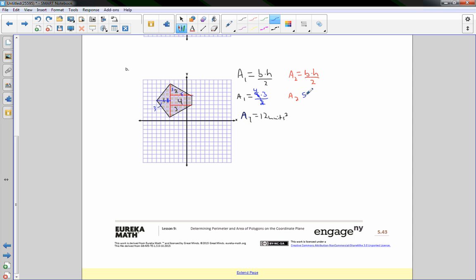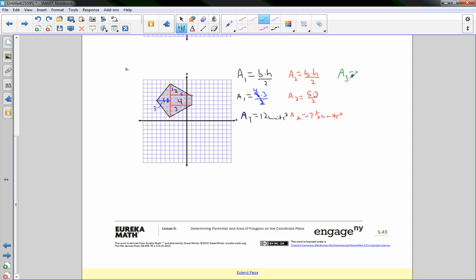So the base is 5 times the height, which is 3, divided by 2. I should have used red. So area 2 equals 5 times 3 divided by 2, which is 15 divided by 2, or 7 1/2 units squared.